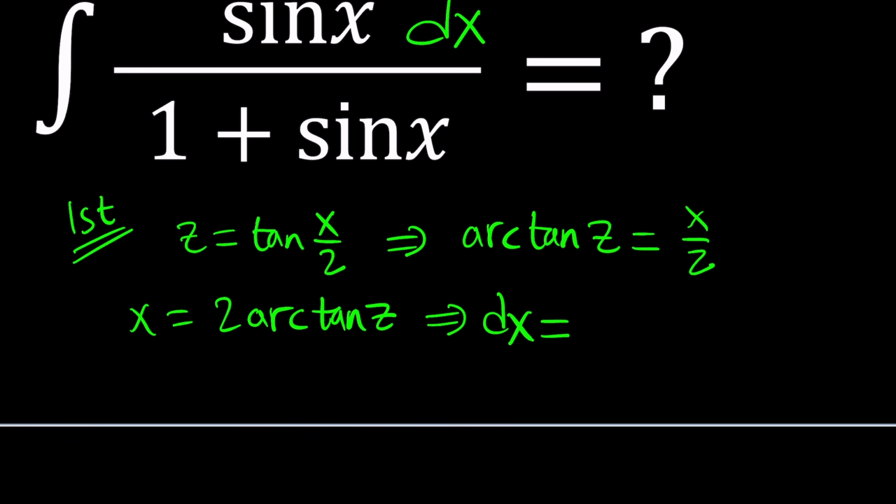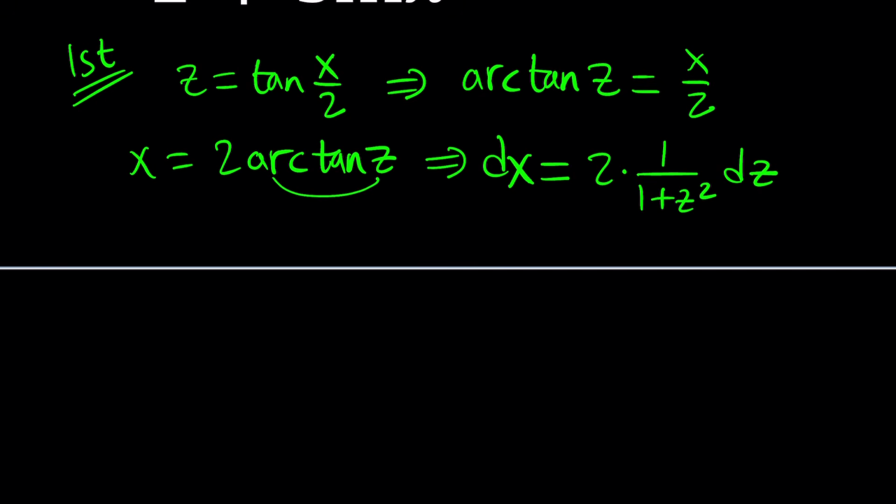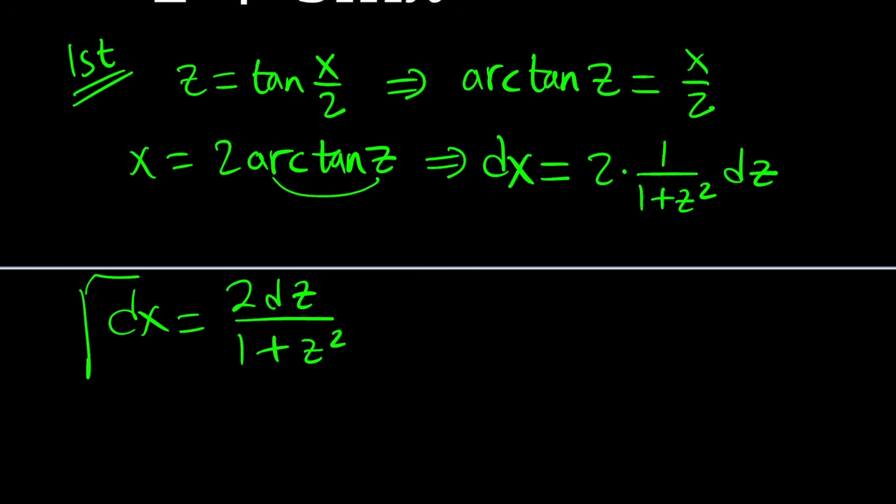Anyways, you can go ahead and try to prove it. It's fun. From here, dx becomes 2 times the derivative of arctangent, 1 over 1 plus z squared, multiplied by dz. We're going to write it in a more compact form as 2 dz divided by 1 plus z squared. So this is dx.